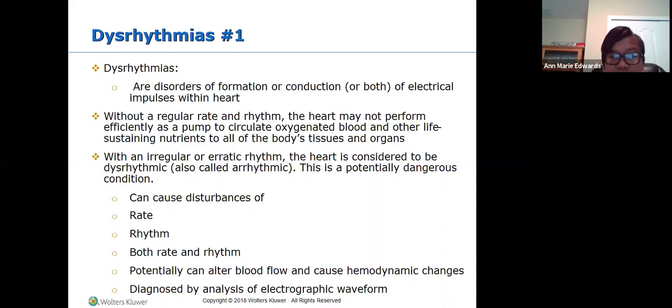That's a disruption in the rate. And if your heart rate is 40, you're not going to have as much cardiac output as if your heart rate was 60 to 100. So it can alter blood flow, and it is diagnosed by analysis of the ECG waveform. We're going to be looking at different ECGs also.